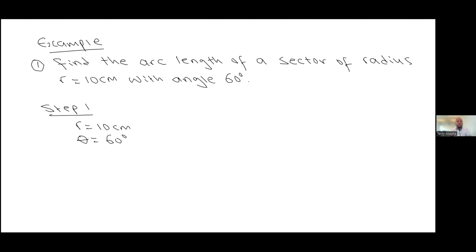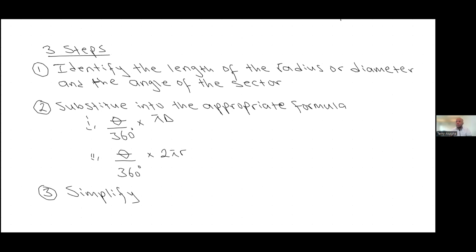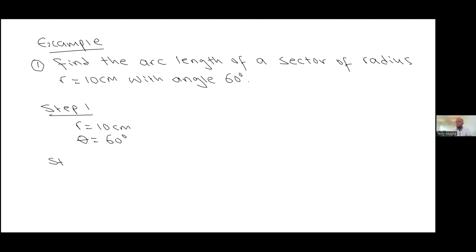Now let's go to step two. Step two says we need to find the arc length by substituting into the appropriate formula. That means we're given both r and theta, so we're going to use the second formula: theta divided by 360 multiplied by 2 pi r.